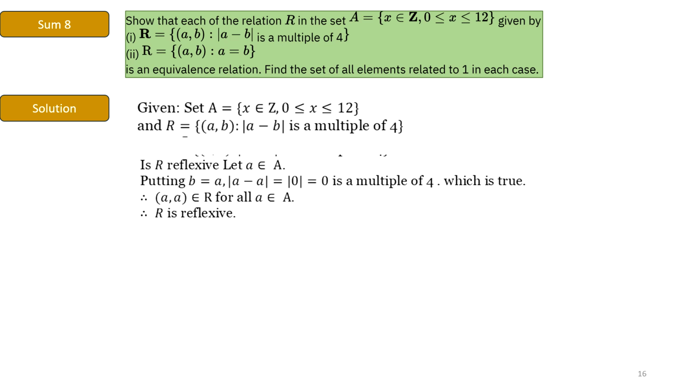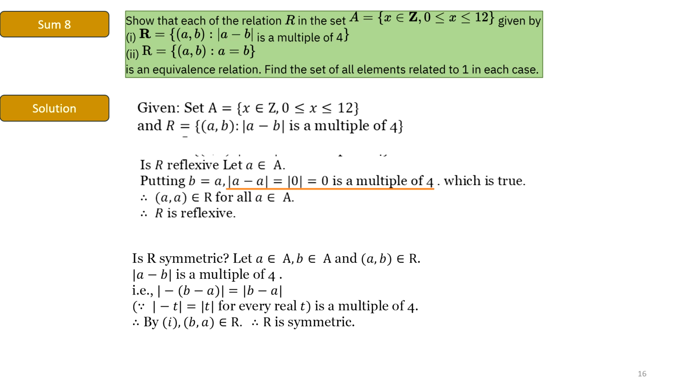Since 0 can be said to be a multiple of 4, R is reflexive. Let a and b be elements of set A where (a, b) belongs to R. Mod of a minus b is equal to mod of b minus a, and hence the relation is symmetric.